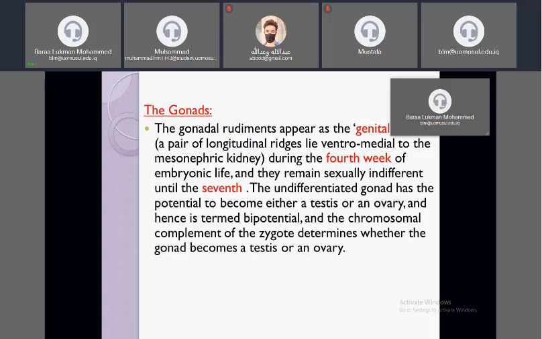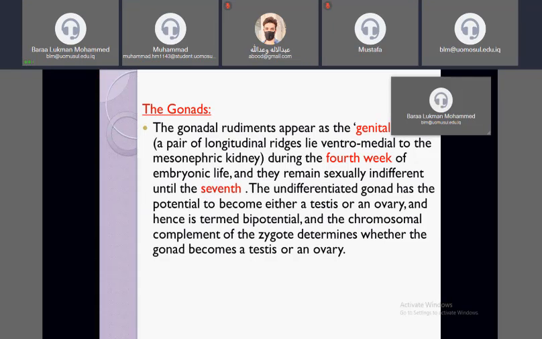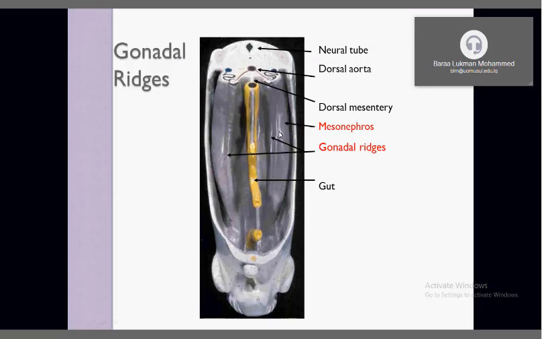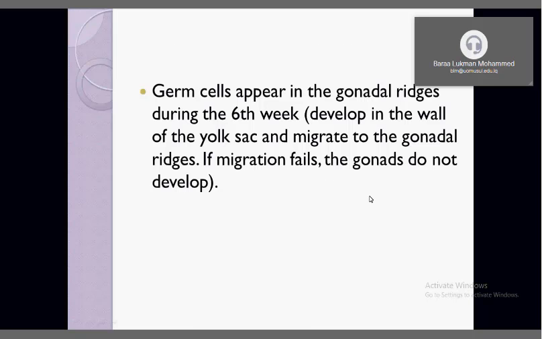This is the gonadal ridge. It appears as a pair of longitudinal ridges lying ventromedial to the mesonephric duct or mesonephros. An important point is that in the development of this gonad, it is not only the presence of the gonadal ridge, but it should receive the germ cells that migrate to it from the yolk sac.